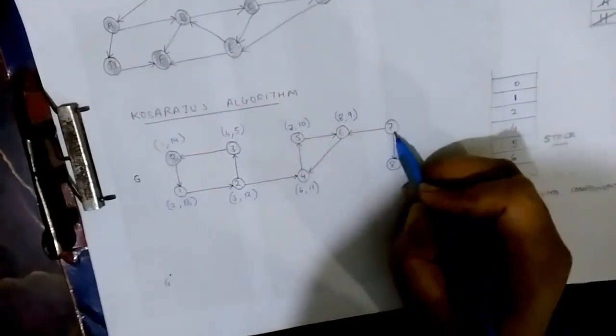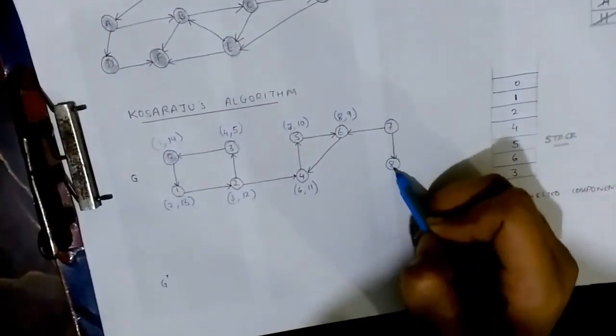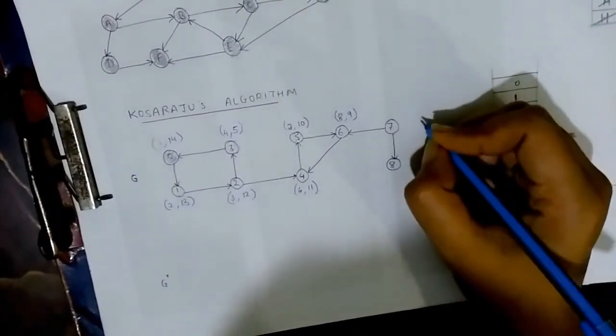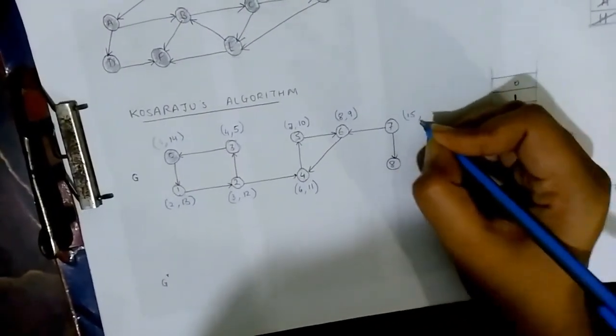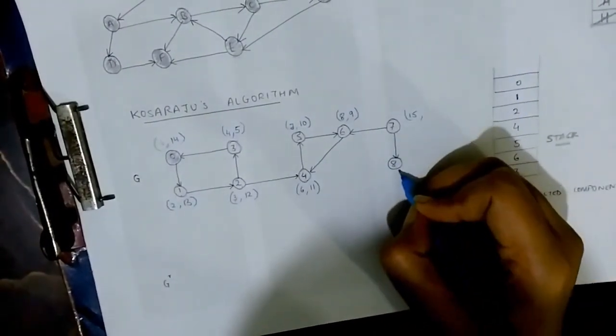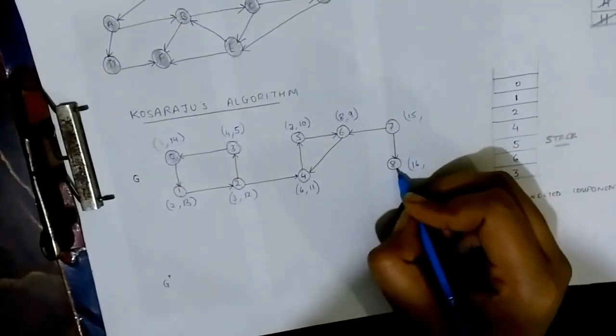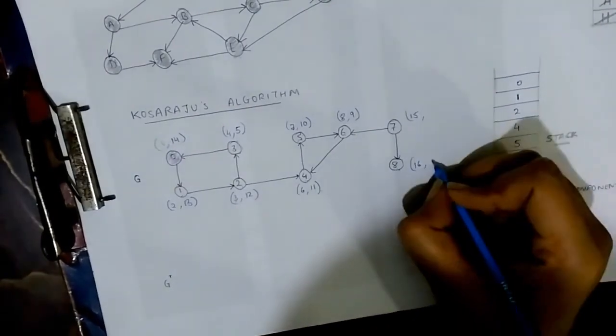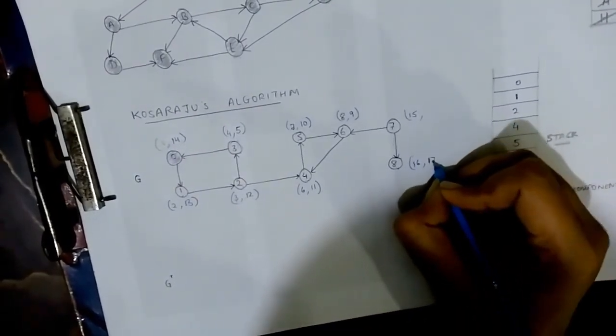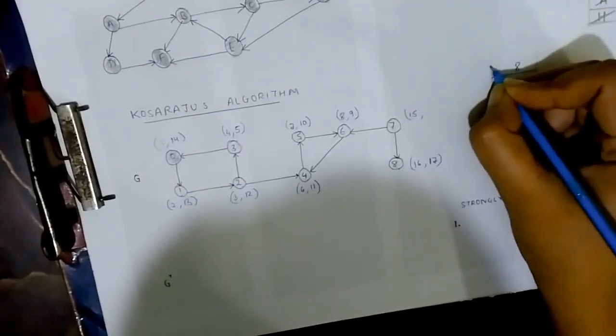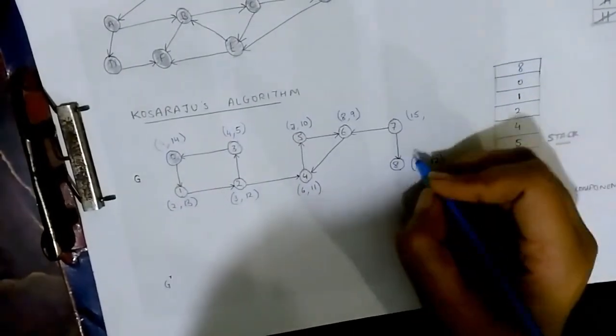Now the point is, there are still 2 unvisited vertices left, so we'll perform DFS on them. We'll mark it as start count 15. From 7 we can go to 8, so we mark it as 16. From 8 there are no other unvisited vertices left, we'll mark it as 17 and push it in the stack.